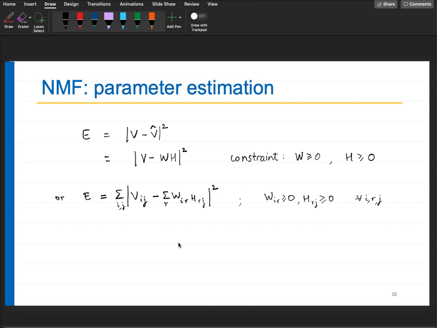Okay, how do you optimize this loss function now? What are the different ways which you can use to optimize your loss function?